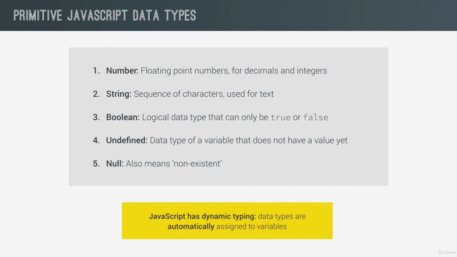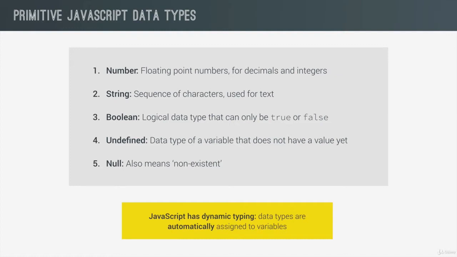Okay? And if we then later assign another value to the same variable, but with another data type, then JavaScript will automatically change the data type of the variable as well. So this can of course be very useful and save us some coding time, but it can also be the source of some difficult to find bugs, which means errors in our code. Okay, so we always have to be careful with what we do with our variables. All right, and that's it.